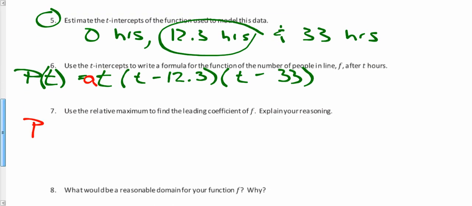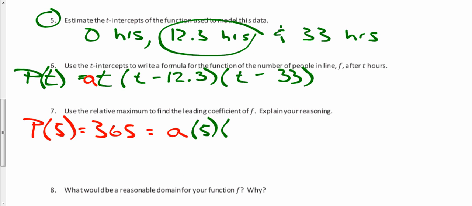So P of 5 equals 365, which equals A times, now I put my T's in, times 5 minus 12.3, and then 5 minus 33.